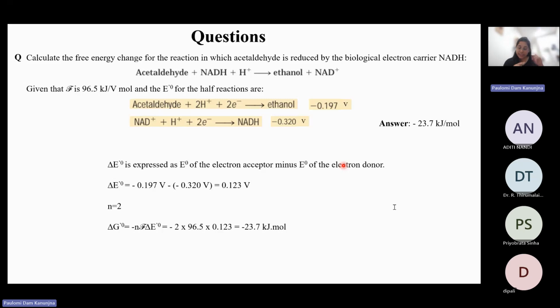Now this delta E is generally positive, and you can calculate that, and that's why you are able to put it with delta G. If you have delta E as positive, you have a spontaneous reaction. We did this in the beginning of today's session, so we know it's a spontaneous reaction and we know delta G can be equated in that way.